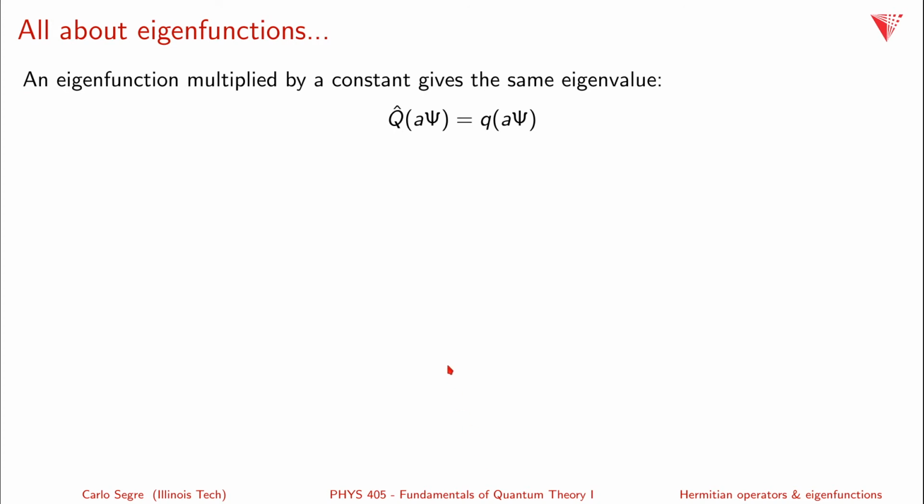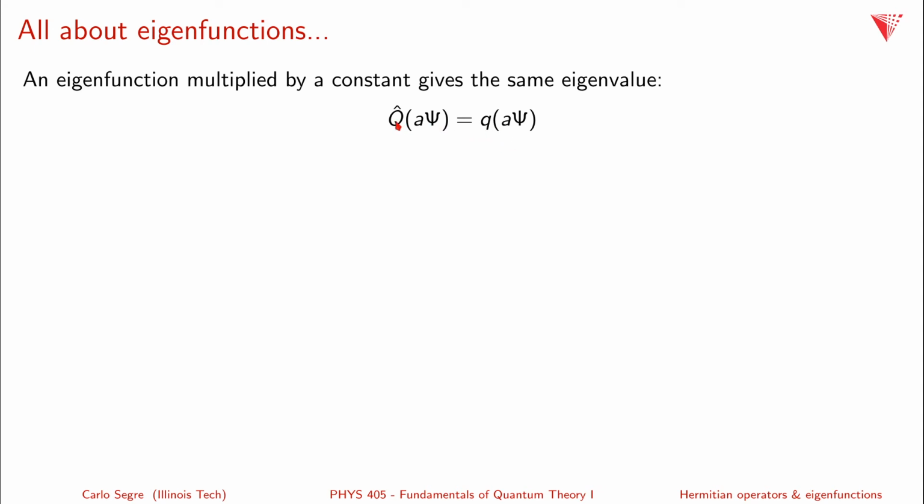So let's take a look at some properties of eigenfunctions. An eigenfunction multiplied by a constant gives the same eigenvalue. That is, if I take Q and apply it to A times psi, this is just a constant, I can pull it out. When I apply Q to psi, I get little q, and that's just a constant, so I can pull it out.